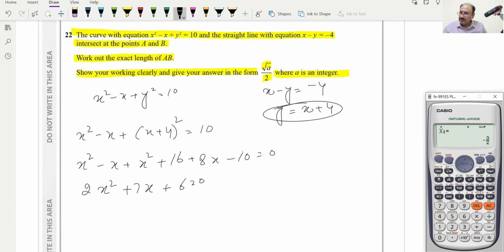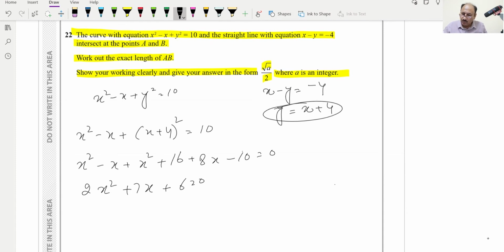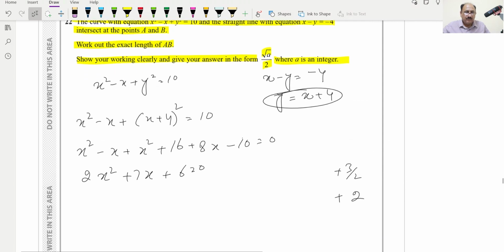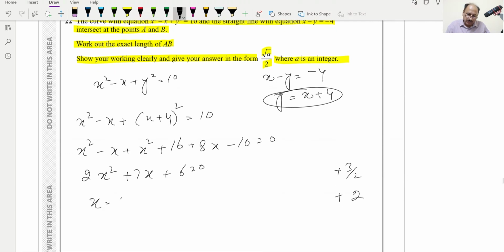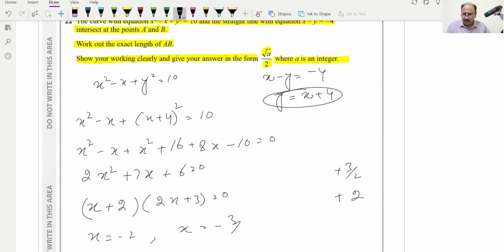So the numbers will be 3 and 4... we change sign and utilize these numbers, and we can write x plus 2 and 2x plus 3 is equal to 0. This implies x is equal to minus 2 and x is equal to minus 3 by 2.